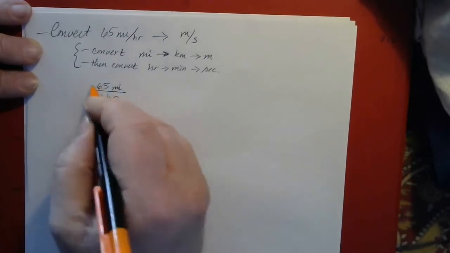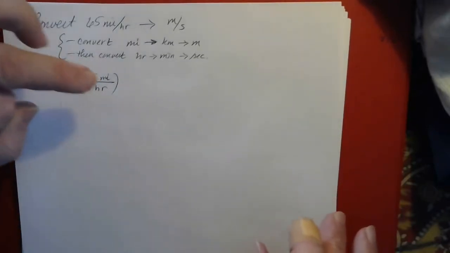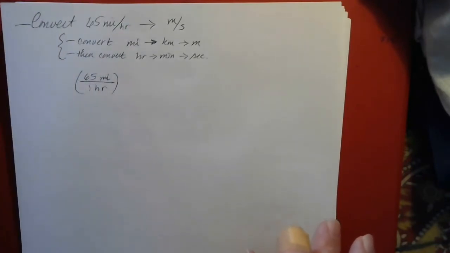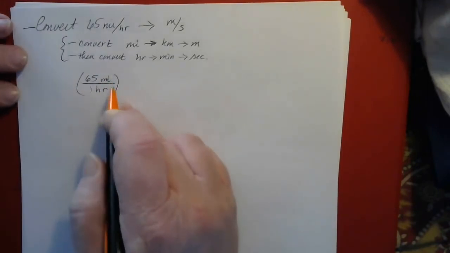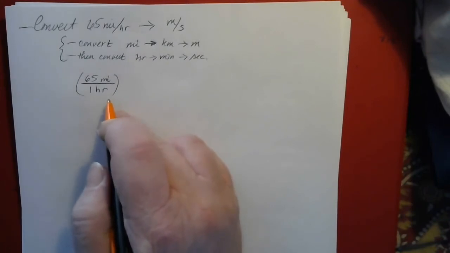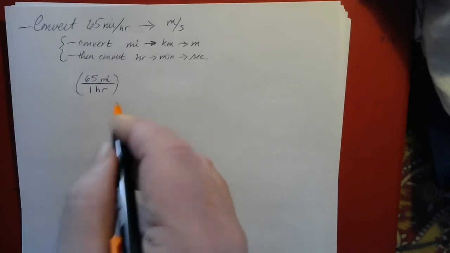And you could put a 1 in front of the hours if you want. Also, just to be clear, this is 65 miles for every 1 hour that passes by. Okay, then this makes it clear which unit is in the numerator and which unit is in the denominator, so that you can make sure that units are canceling out for real when you want them to cancel out, and that they're not canceling out if you don't want them to cancel out.